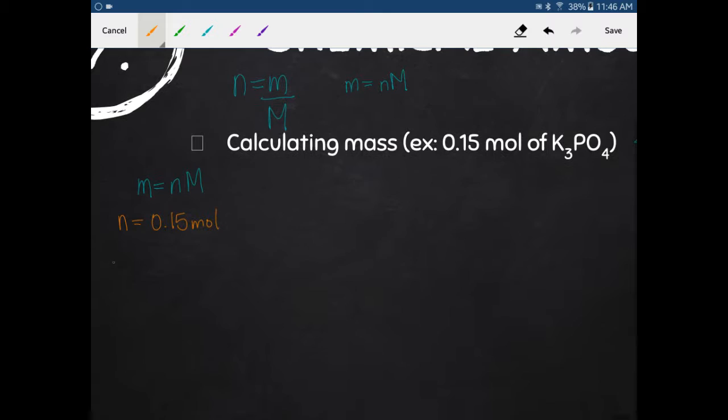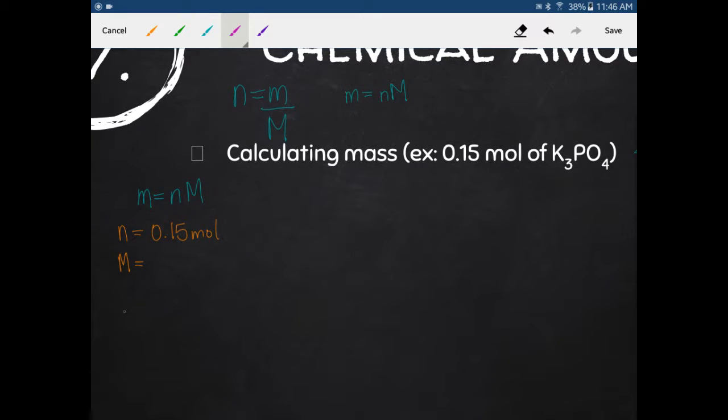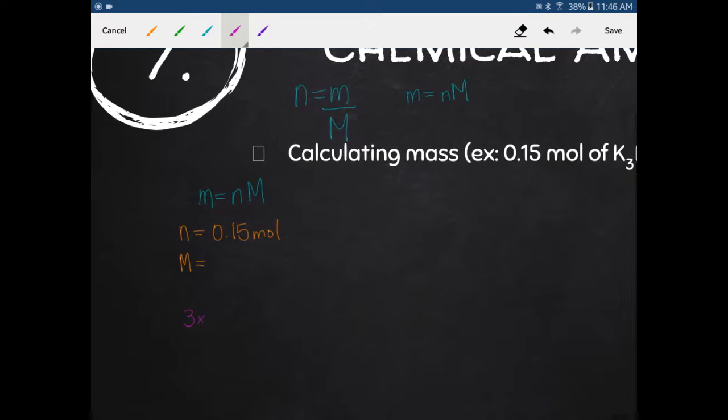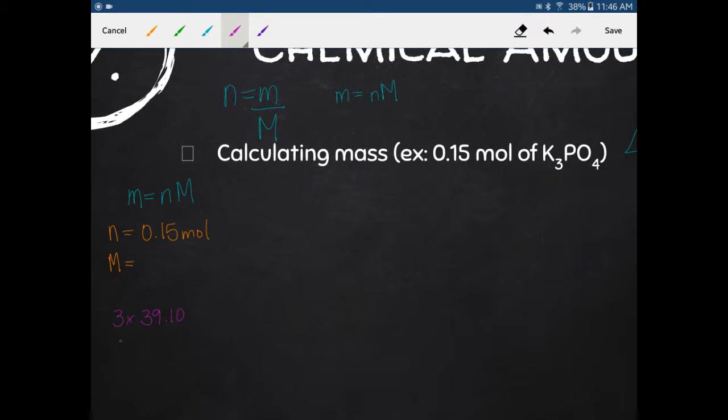So I again have my molar mass. I just need to do a little first calculation here. So I have 3 times my molar mass of potassium, which is 39.10. I have 1 times my phosphorus, which is 30.97.